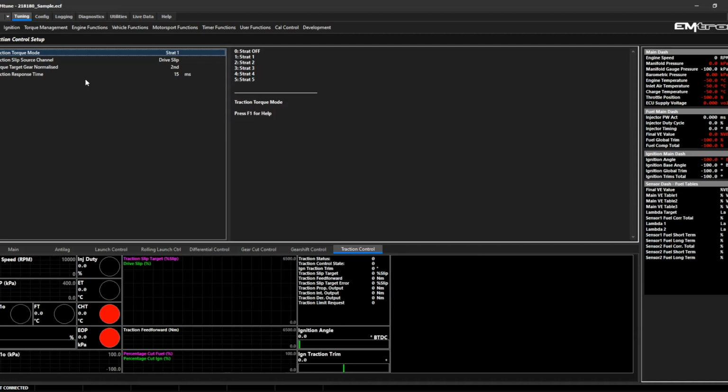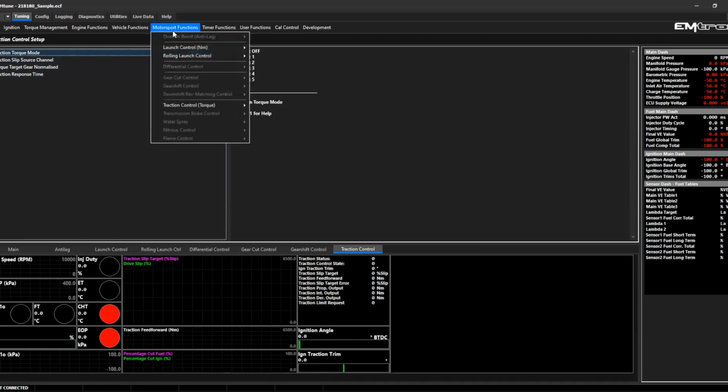So in this case, it's strategy 1. We may consider adding a table that allows you to change the strategies for the traction control. But for this release, it's basically, you pick a strategy, you optimize that strategy around traction control, and make it work from there.